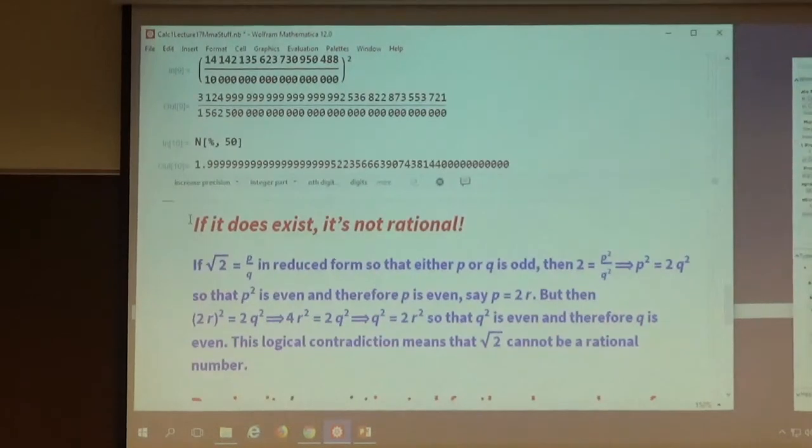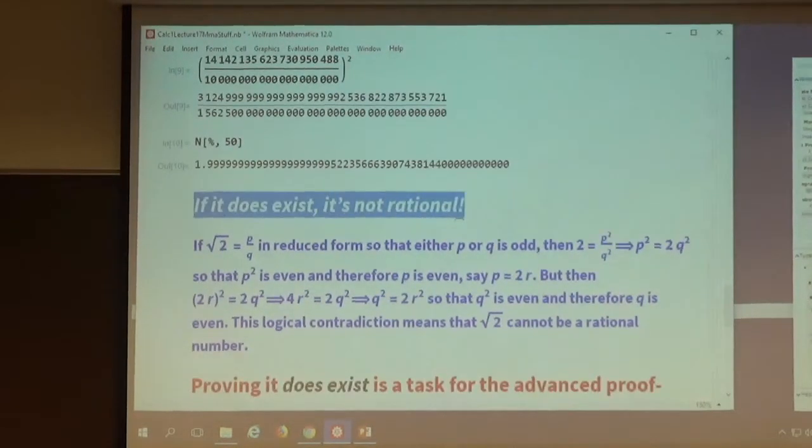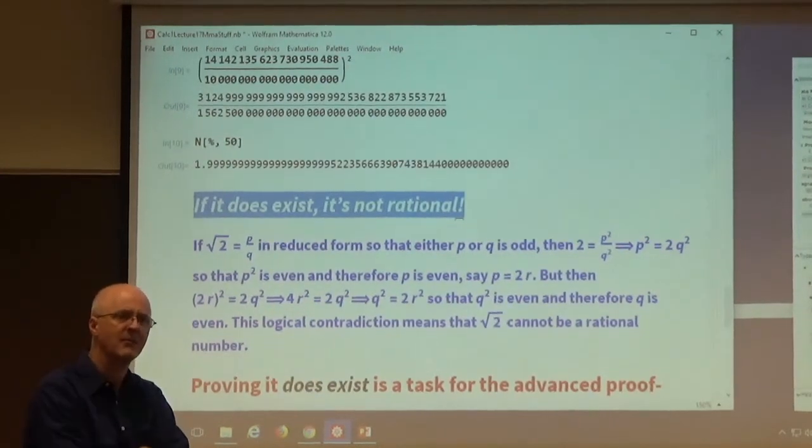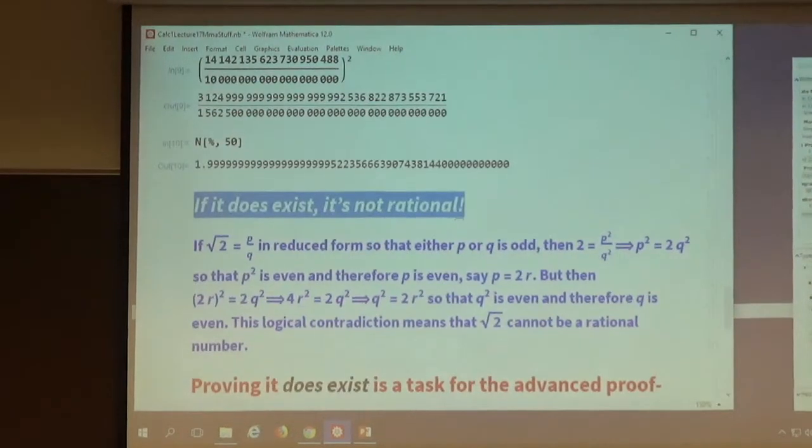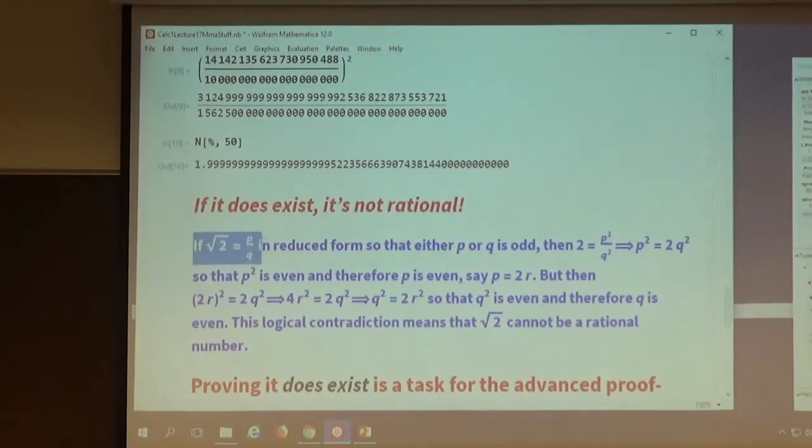Before I mention how to do that, let me just say that if it does exist, it's not rational. It is an irrational number. And that has actually a very short proof. It's right here. Hang with me here. Follow this argument. If the square root of 2 was rational, if it equaled p over q, say in reduced form, which you can always do with fractions.